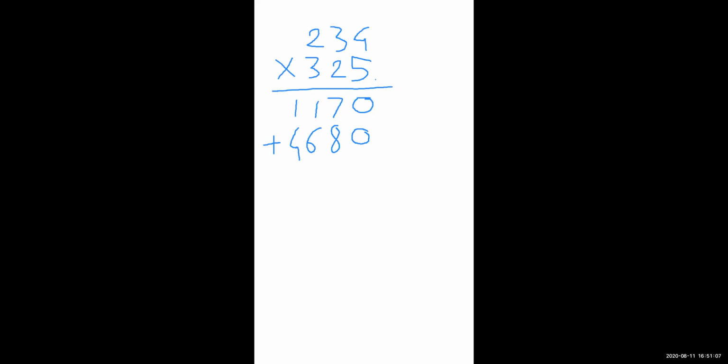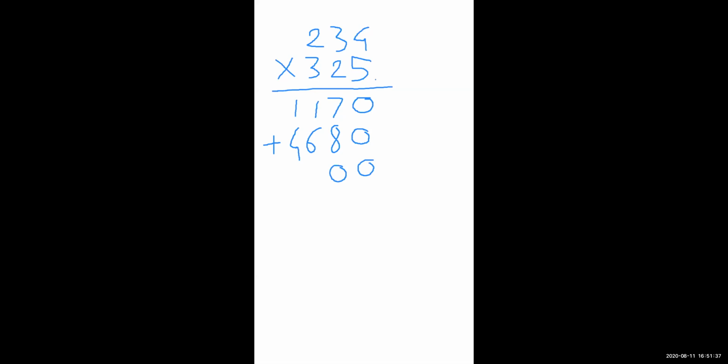4680. Okay. Now we are going to multiply by the hundreds. Yes, how many hundreds are there? 3 hundreds. Okay, so when you are going to multiply the hundreds place, before that give two zeros. Why? Because 100 has two zeros, so I will write there two zeros. See, 1 zero and again 1 zero.